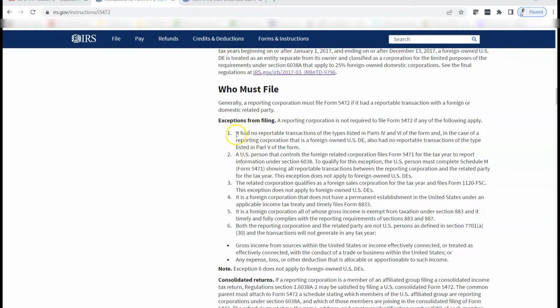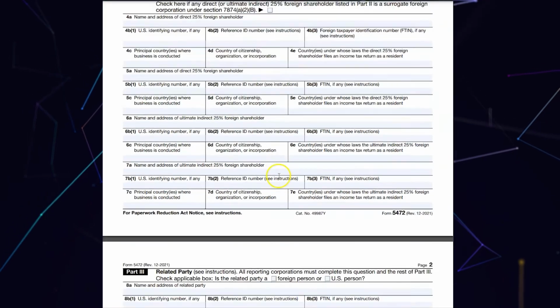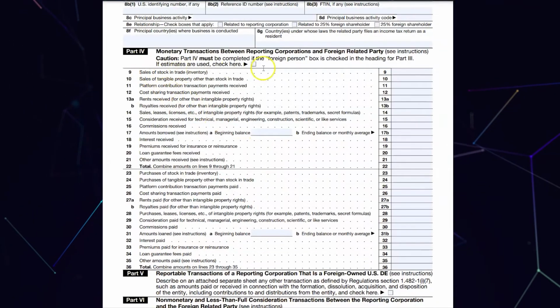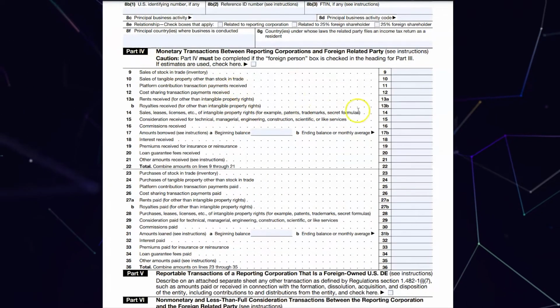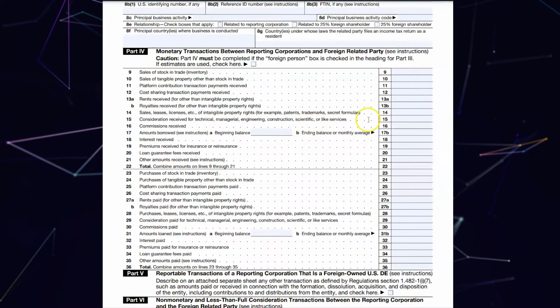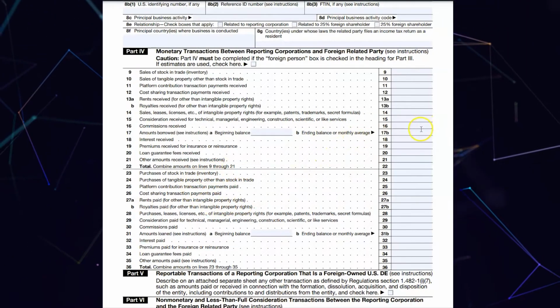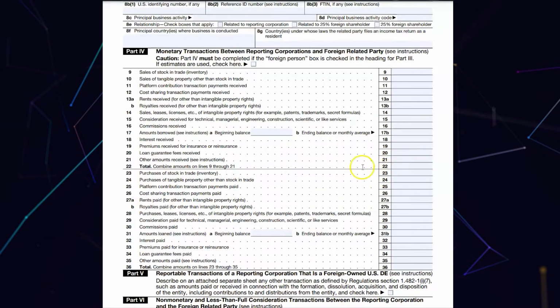The first one says that a reporting corporation is not required to file Form 5472 if it has no reportable transaction of the type listed in Part IV and VI. Now let's go to the form itself and look at Part IV and VI. This is Part IV. Generally, this part is applicable to U.S. corporations or LLCs that have elected to be corporations, or foreign corporations that are considered to be doing business in the U.S. where they have reportable transactions.